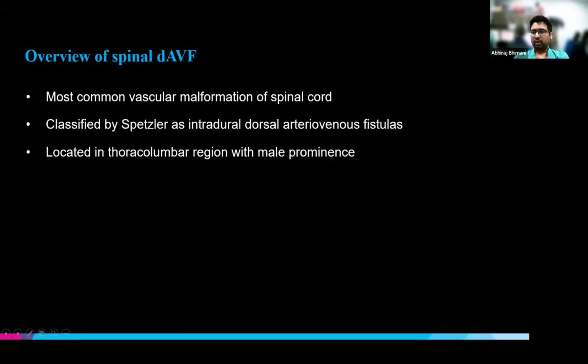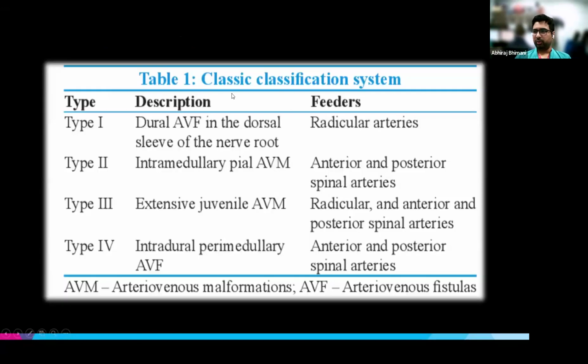So spinal dural AV fistula is the most common vascular malformation of the spinal cord, and it has initial classification criteria that we can review here, with type 1 being the dural AV fistula in the dorsal sleeve nerve root, all the way going into type 4, which is an intradural perimedullary AV fistula, and subsequently mentioning the feeders for each type.